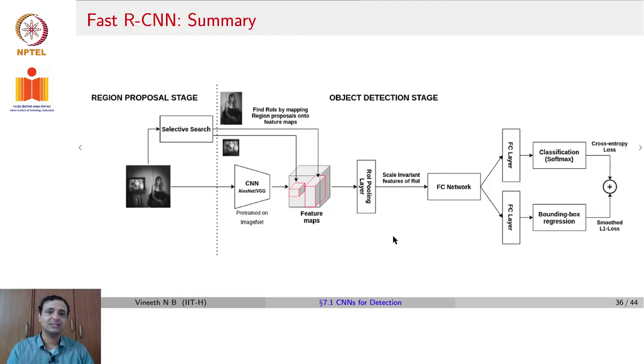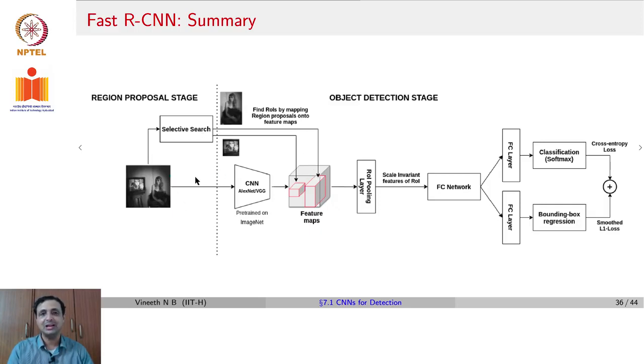So the summary of fast RCNN is, given an image, you still have selective search. You also forward propagate the full image through the CNN, say an AlexNet or VGG, whose output gives you a depth of feature maps like the output of any convolutional layer. Now you project all the region proposals that you got through selective search onto these feature maps.